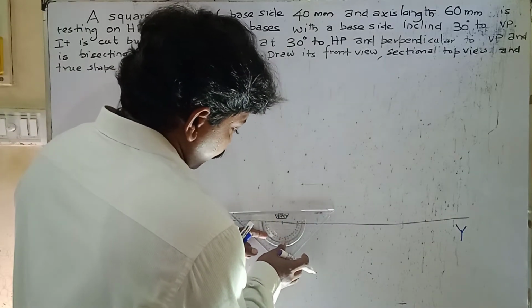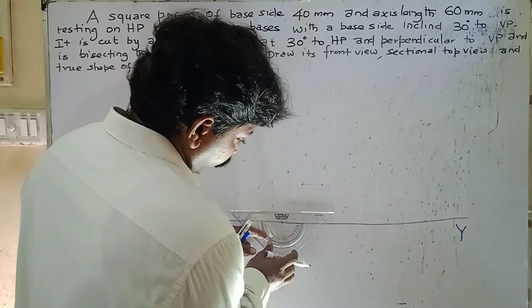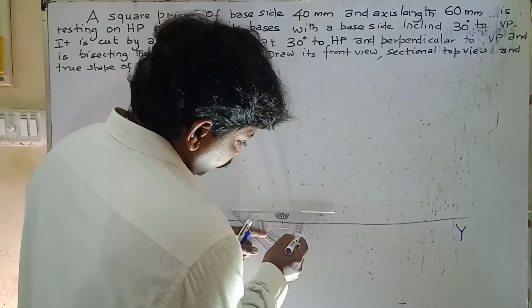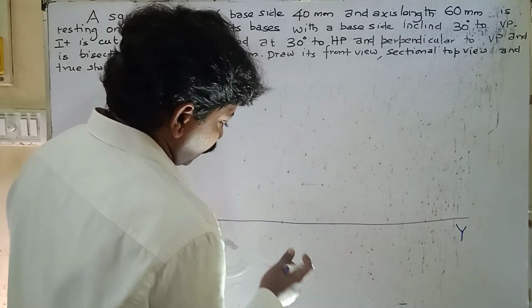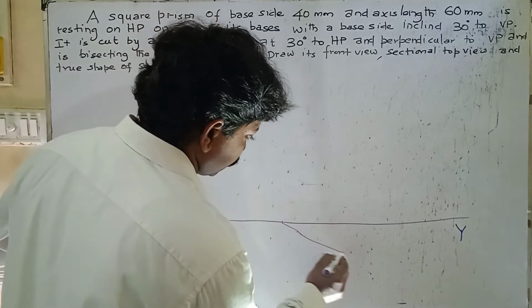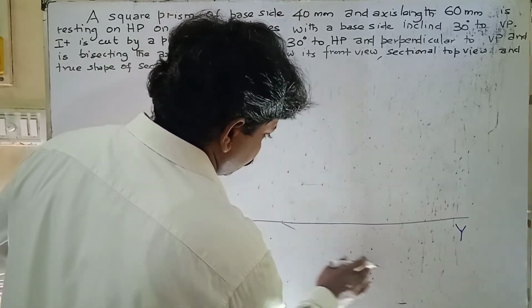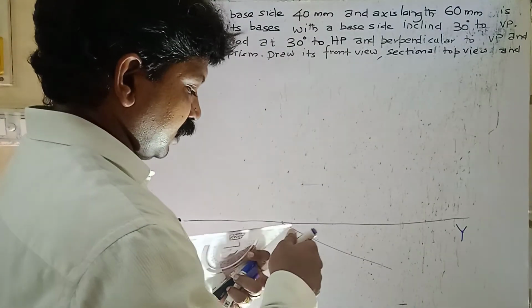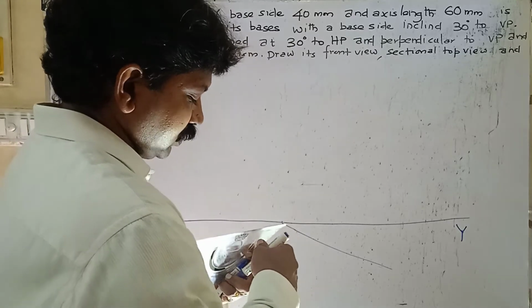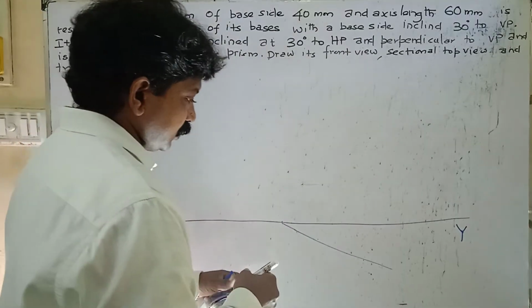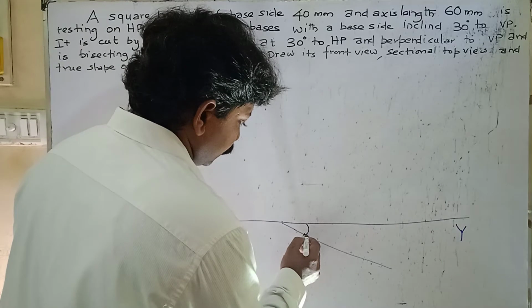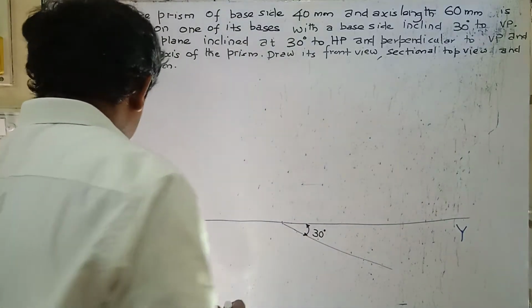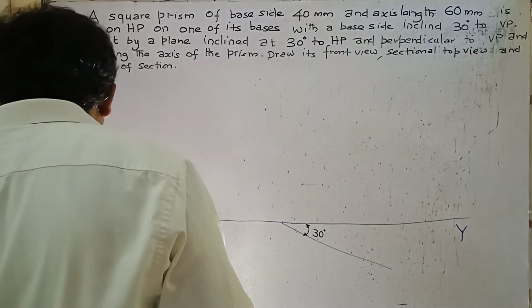Draw a 30 degree inclined line first, and then draw the top view.